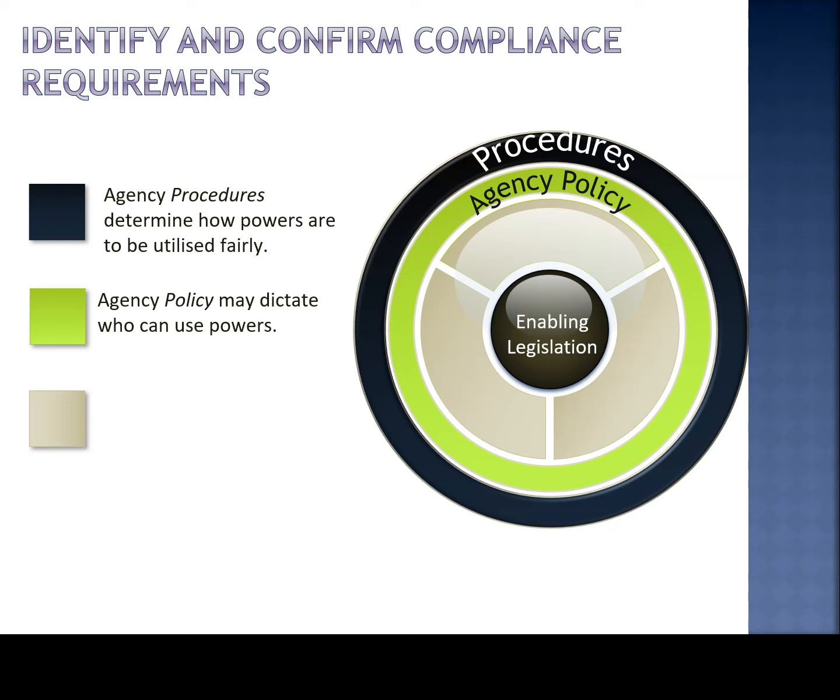So a power may include the power to execute a search warrant. However, the organisation only wants certain qualified people in the organisation to execute a search warrant. So their procedures and policies will dictate that only certain people with certain qualifications are able to execute a search warrant under the enabling legislation.